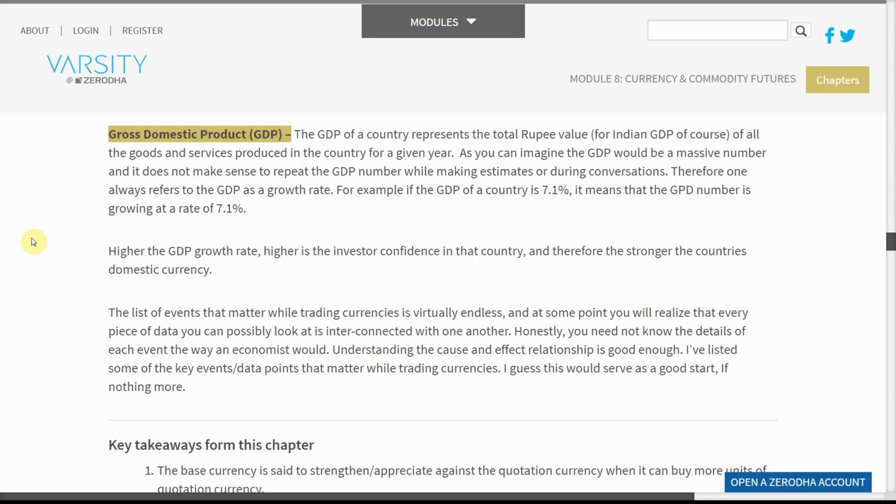The list of events that matter while trading currencies is virtually endless. And at some point you will realize that every piece of data you can possibly look at is interconnected with one another.